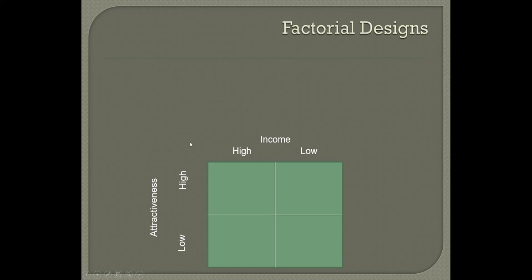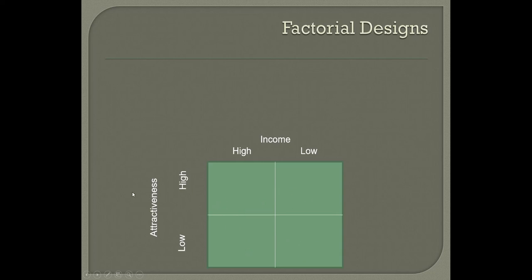Why is this a 2 by 2 factorial design? Because there are two levels of one independent variable and two levels of the other independent variable, and here hypothetically our dependent variable is likability. If this were a between subjects design, which is what we're going to be dealing with in this lecture, a participant would show up for the experiment and would be randomly allocated to encounter only one of the conditions in the cell.